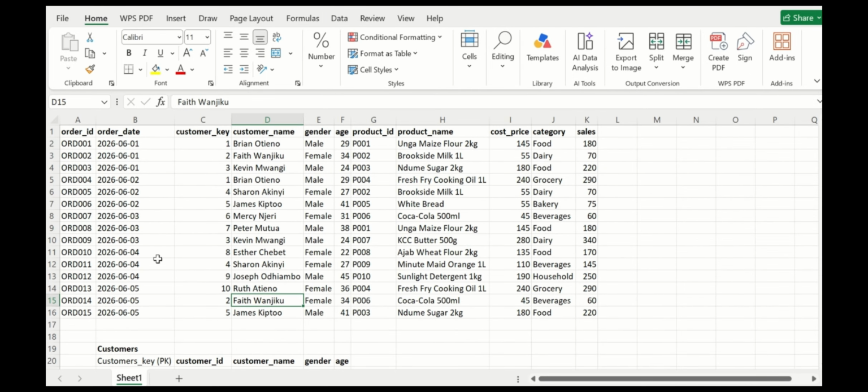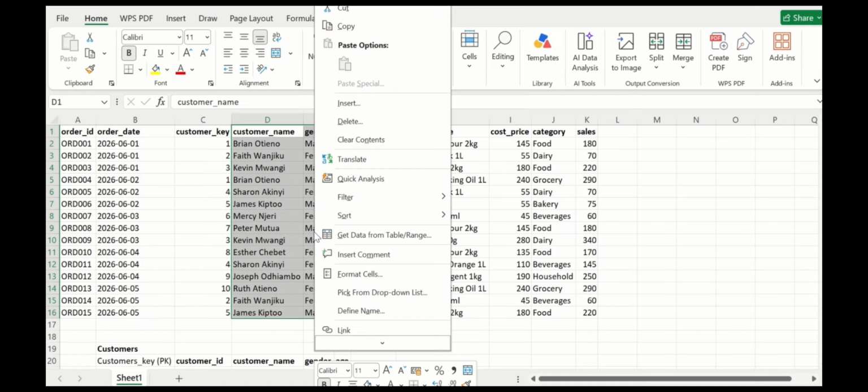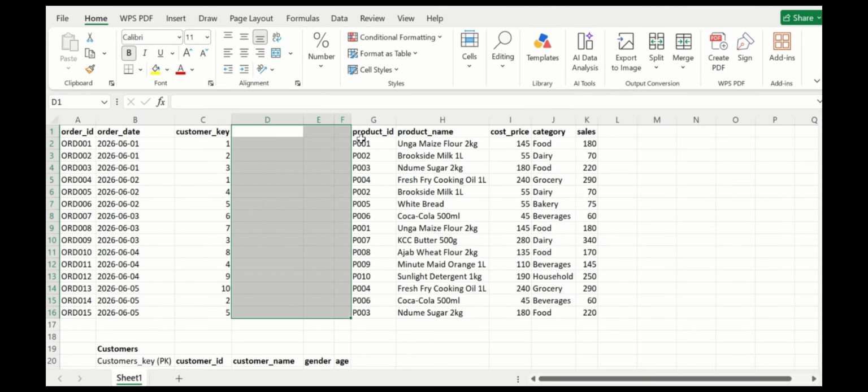So now we can remove these other details. We don't need these here, so we can simply clear the content.